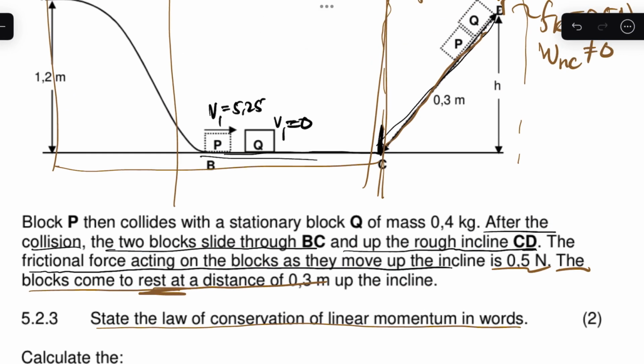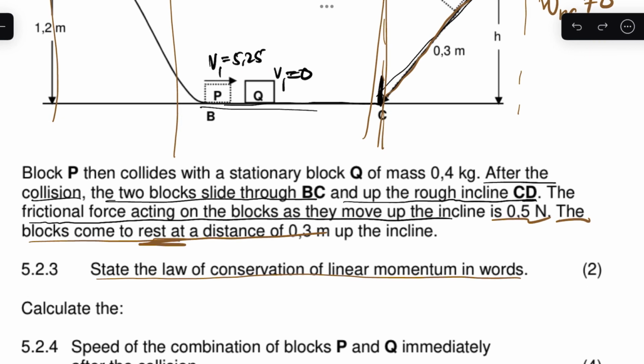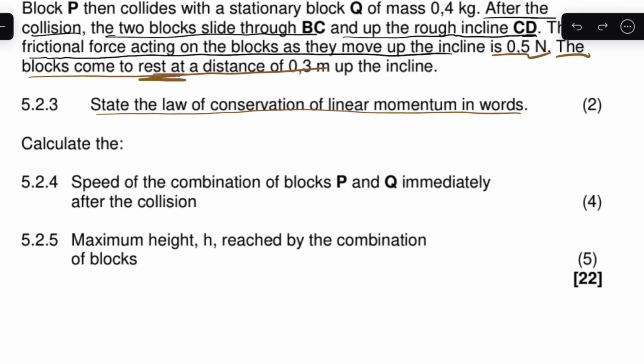So now, guys, since there's a collision here between those two, that means there's a change in momentum. Now they said calculate the speed of the combination of blocks P and Q immediately after collision. So as they collide here, guys, with their initial velocity, they moved off together, right? They move off together. So we wanted their velocity after collision.